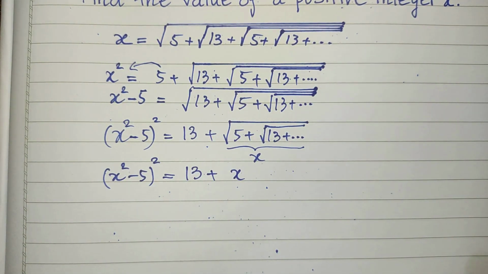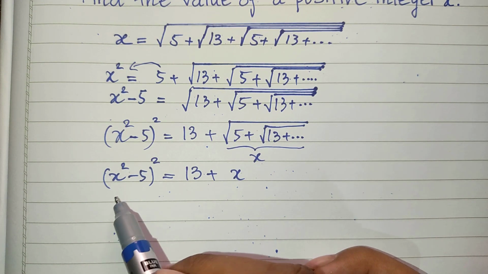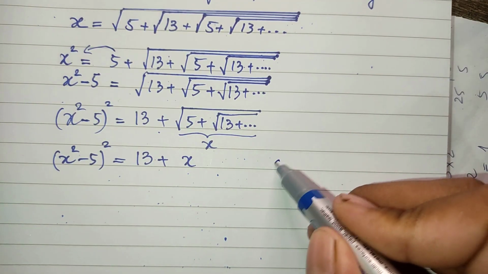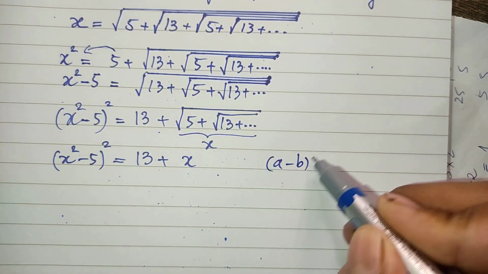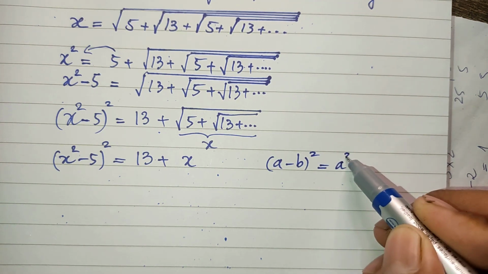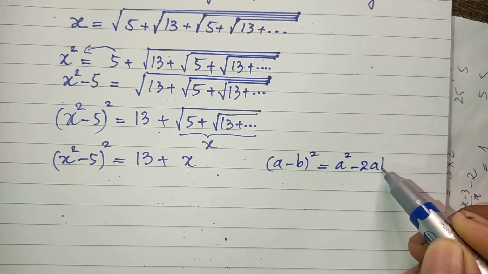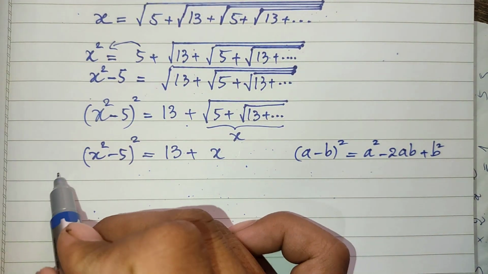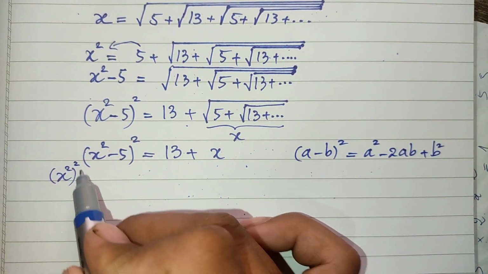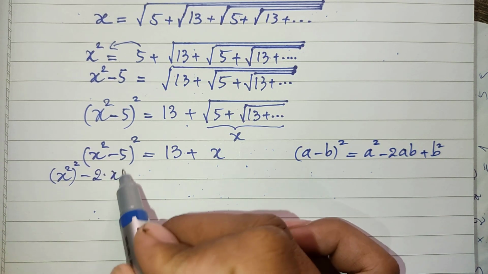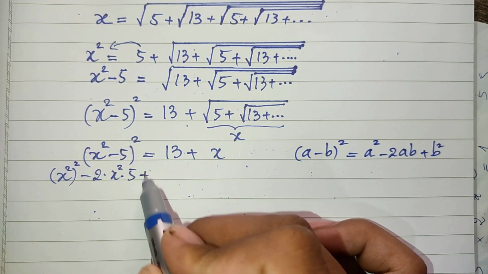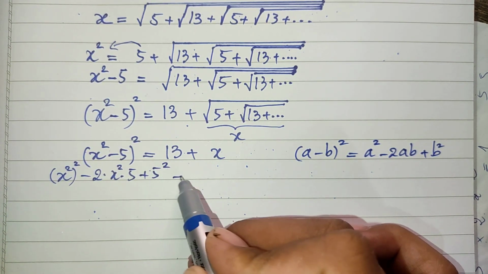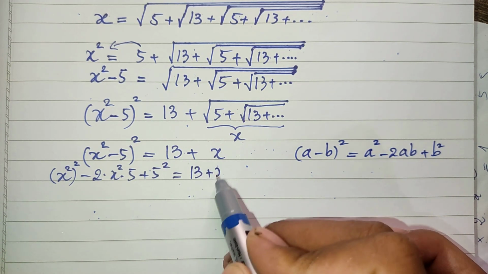Now we use the formula that a minus b, all squared, is equal to a squared minus 2ab plus b squared. So we get h squared squared minus 2 times h squared times 5 plus 5 squared is equal to 13 plus h.